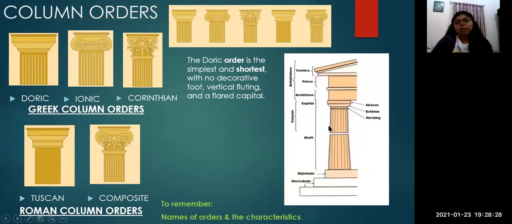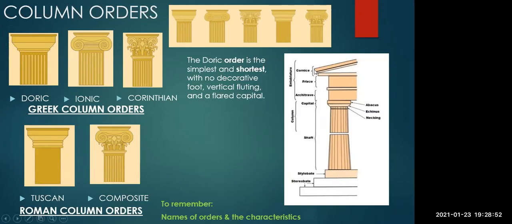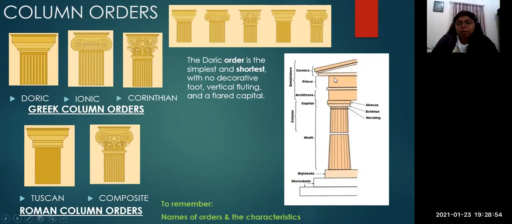Now, another thing that you have to remember are the parts of the column and the entablature. The entablature consists of the cornice, which is this, the frieze and the architrave.